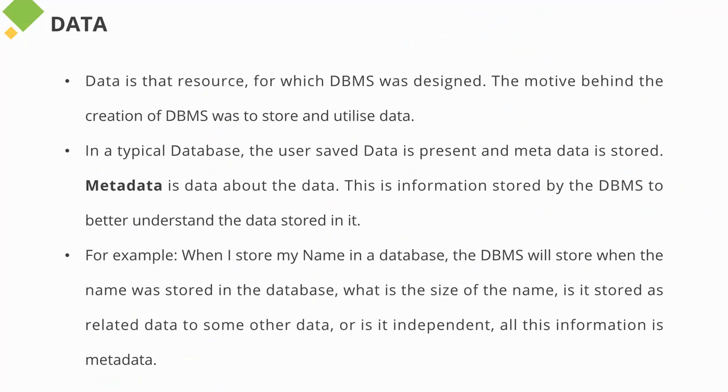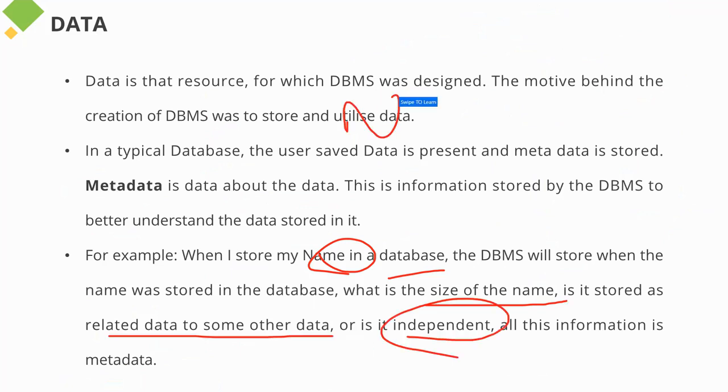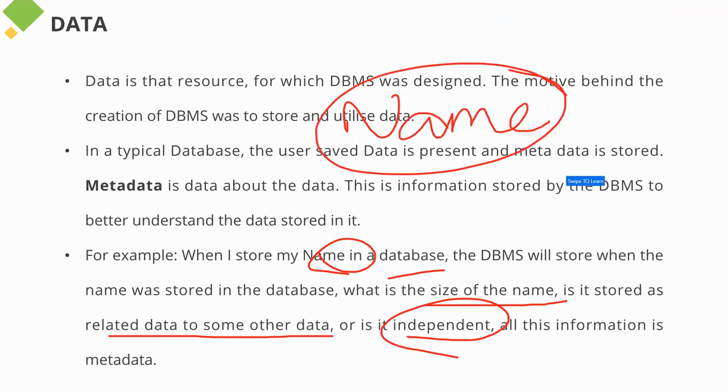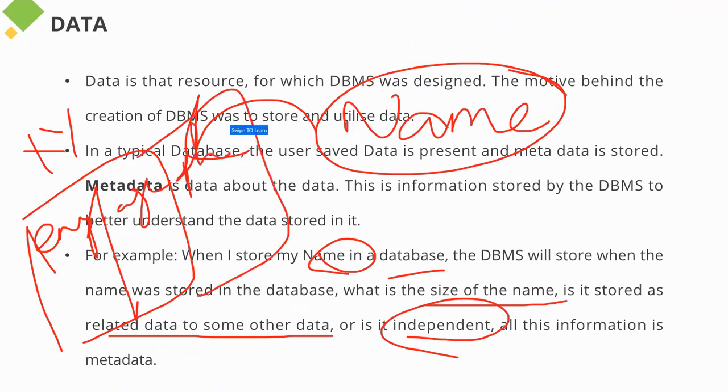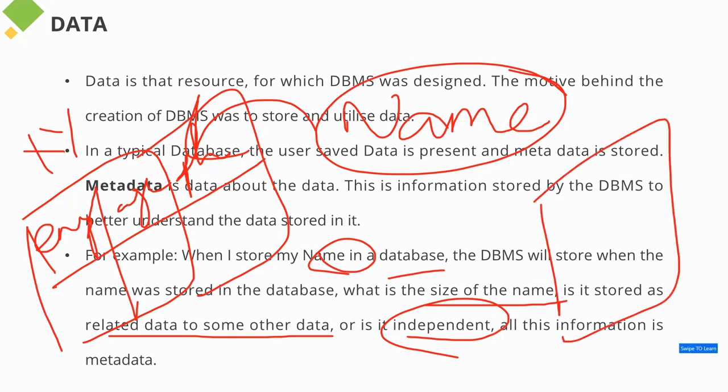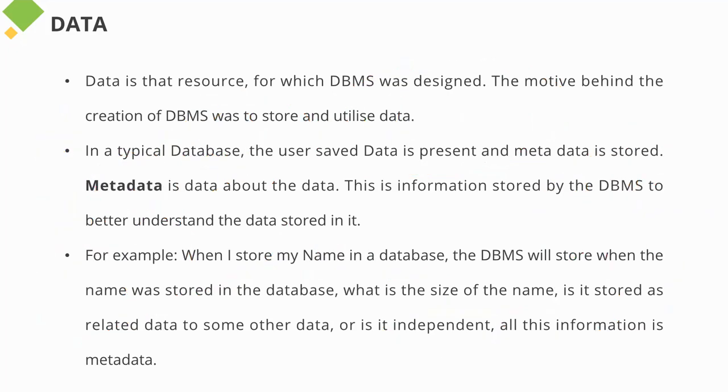The DBMS also stores the size of the name, whether it is related to other data or independent. Suppose this name table also refers to the employee table of some XY organization: employee, name, age, and mobile number. This is the same data we have, name, age, mobile number. So this reference information is all part of the metadata.